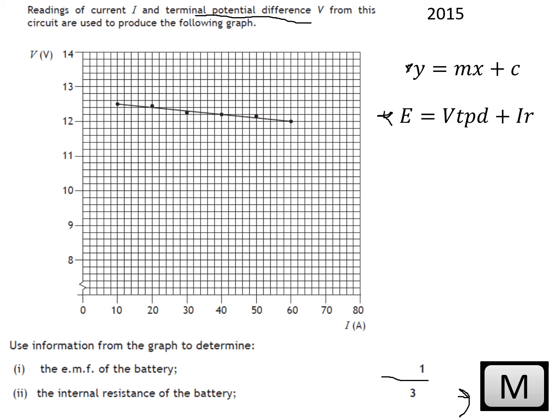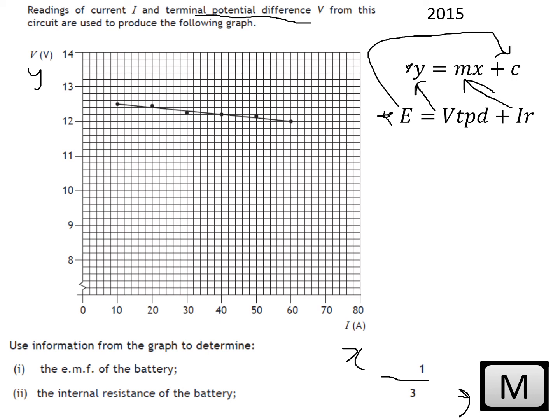So remember my top tip, look at your y and your x-axis. Here, my x-axis tells me that I matches with x, so these two match together. The y-axis tells me it's measuring potential difference. And again, if you think about it, V, the TPD, can change, but EMF can't. So that means V, the TPD, must match with y, and that means E must match with c. And that's our answer there.